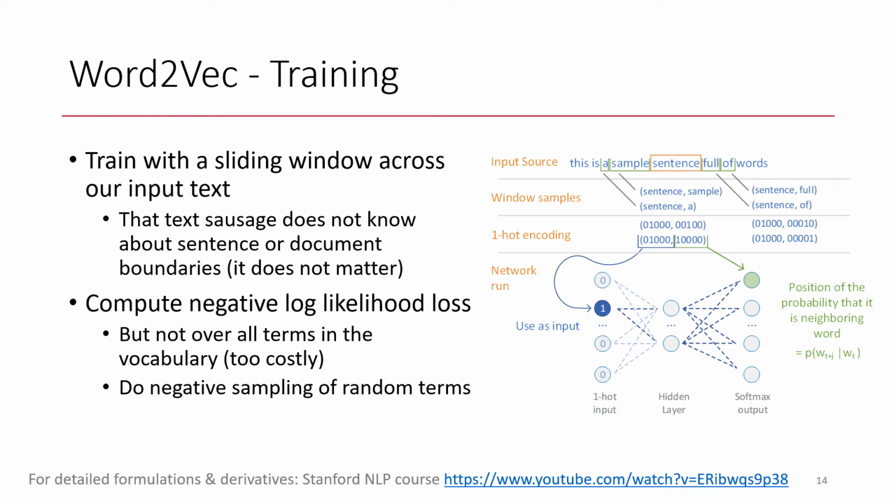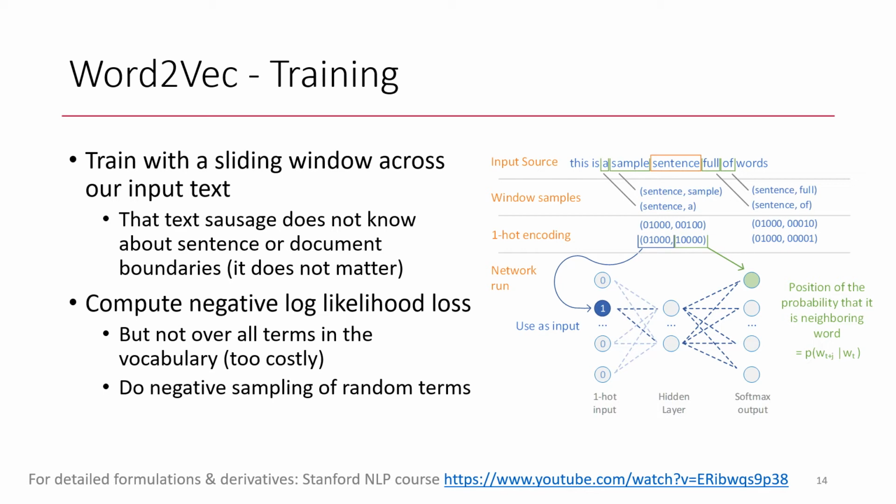You can see such an example in the figure on the right here, where we have an input source. It's just some bunch of words. And then we select the word "sentence" as our main word, take the predicting or the context words around it, and we create so-called window samples, where we create pairs between our main word and each of the single window words.